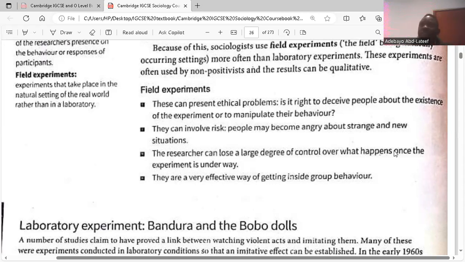The setting is not always going to be the setting they are used to. Something strange is happening around there. You might not be able to ask, but you would know that things were not this way before. So people might get angry about that. Like, why are these people here? Why are they placing a camera there? So it is not the natural setting.